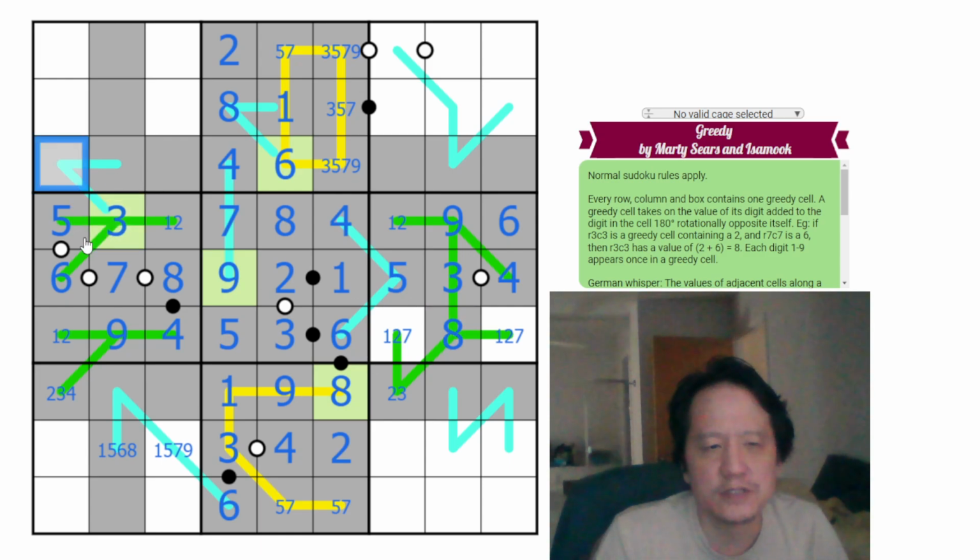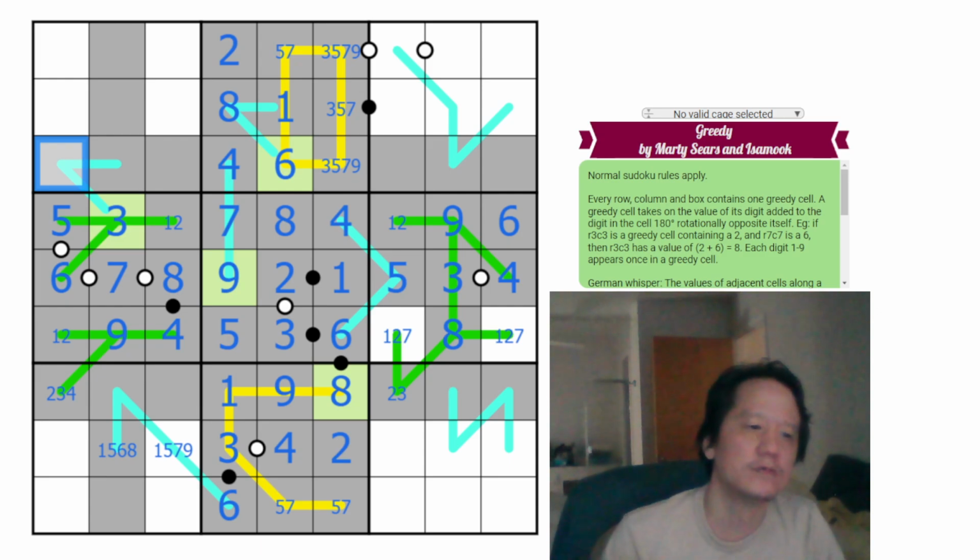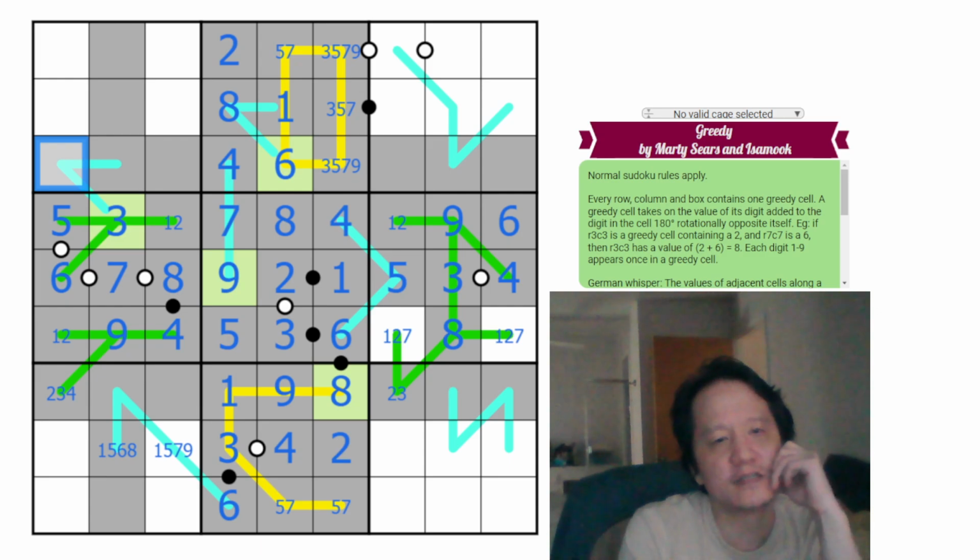The possibilities of this then could be 9 and 7. Right, it has to go down because none of them have a greedy value again. So it'd have to be 11, 9, 7.